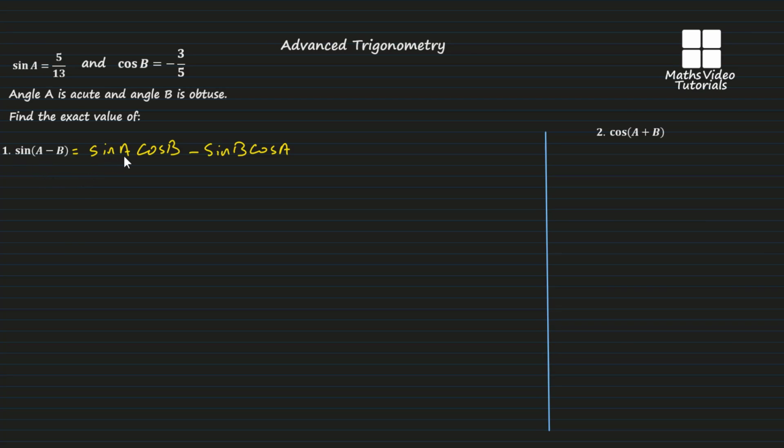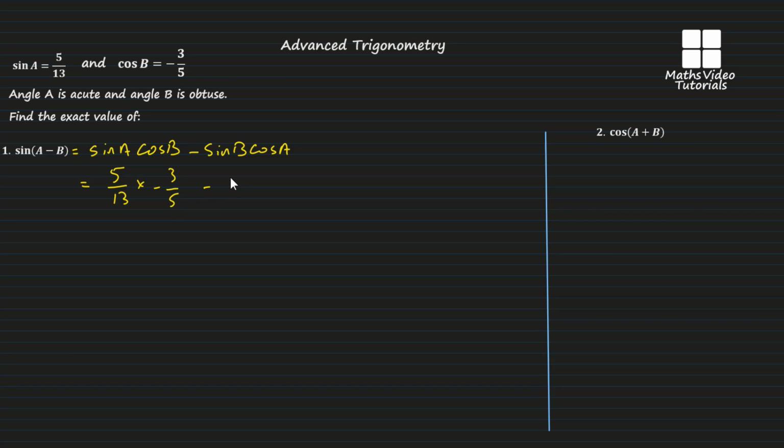Now you see we have the value of sine A is this one here, cos B is this one here. So let's substitute them into our expression. So sine A is 5 over 13 times cos B, which is negative 3 over 5.